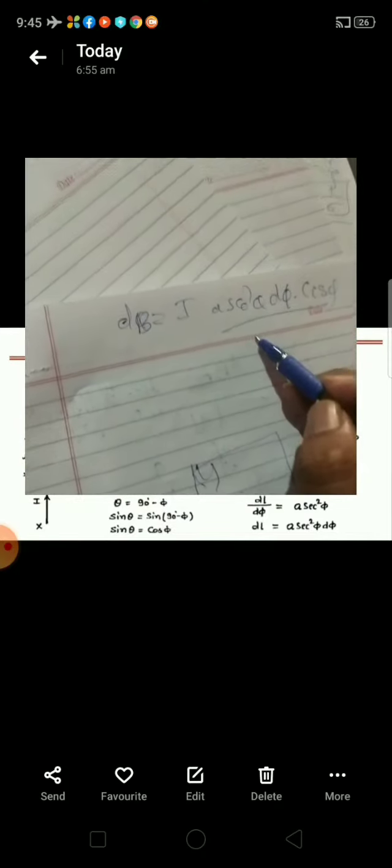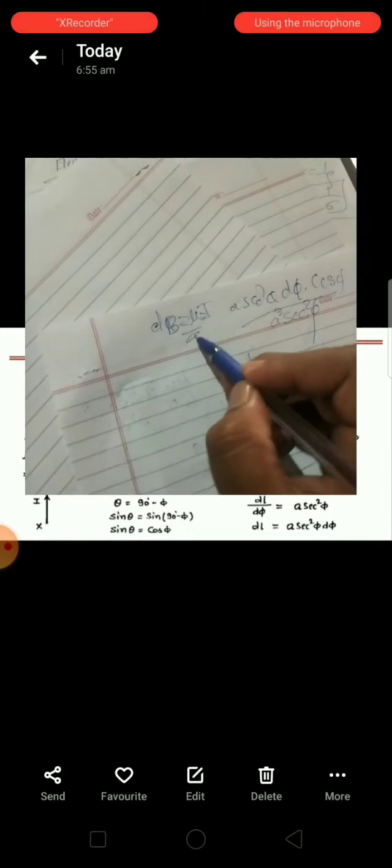Next, in the first equation I put the values: dB is equal to mu naught divided by 4 pi, I into dl, that is a sec square phi into d phi, into sin theta, which is cos phi, divided by r square, that is a square into sec square phi.